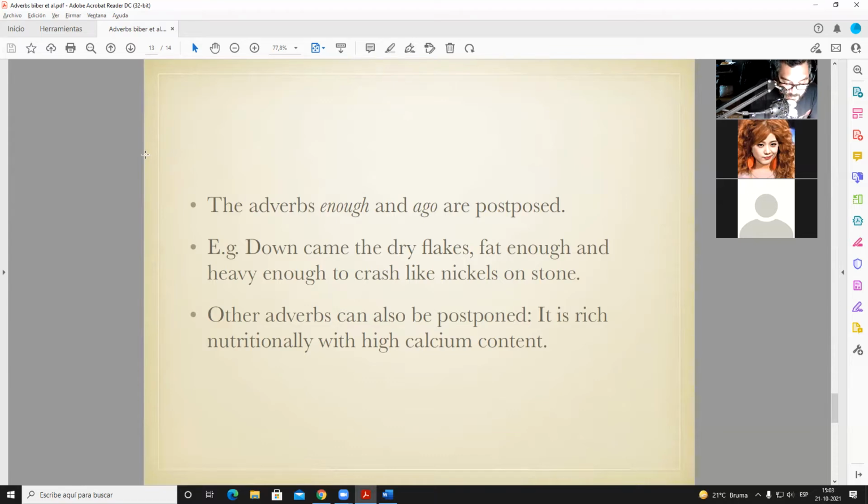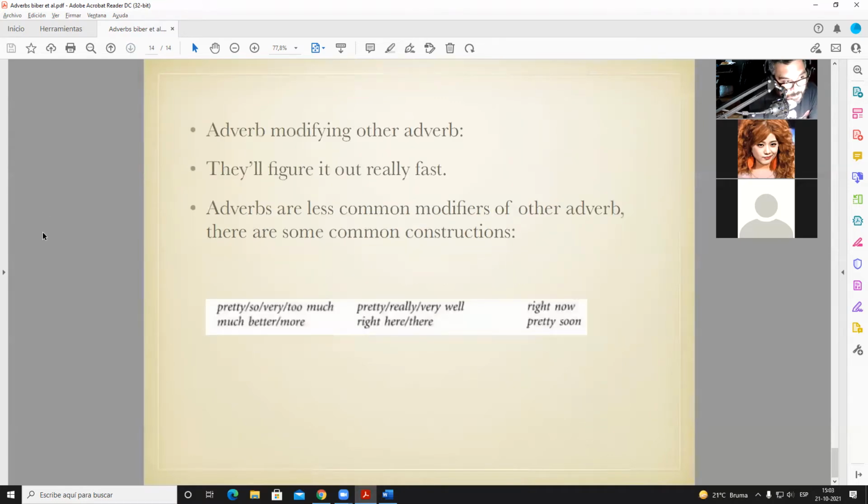Because there's a strong, I won't say tendency, probability, that you can find some adverbs as postmodifiers instead of premodifiers, right?